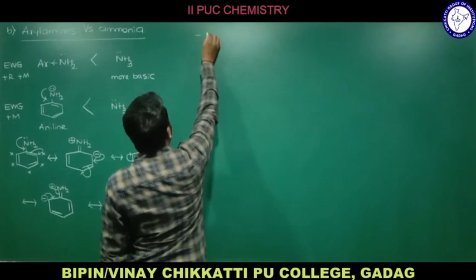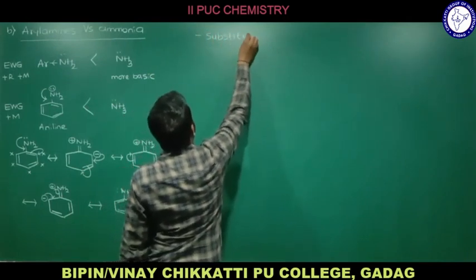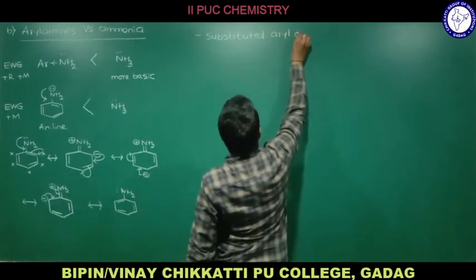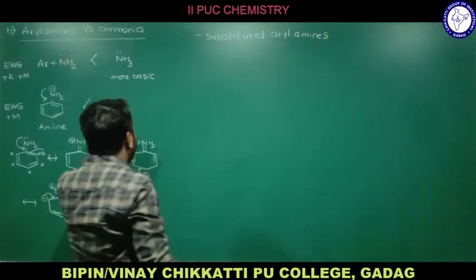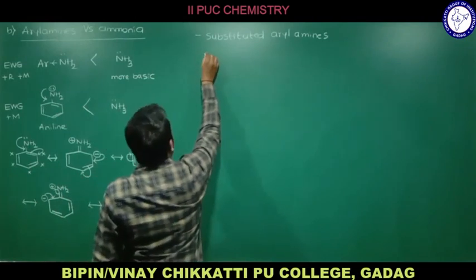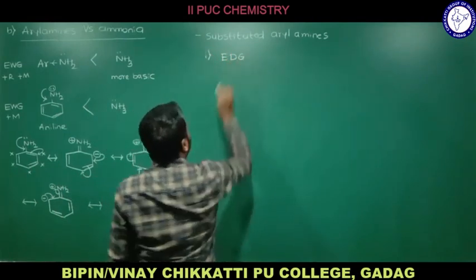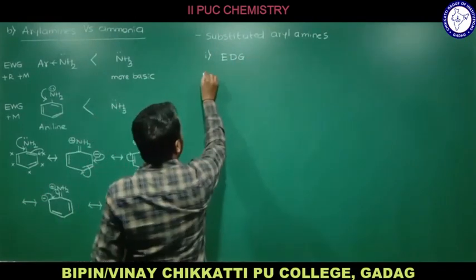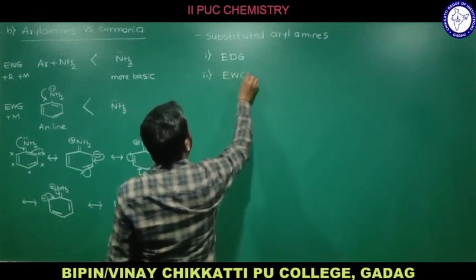What happens if you consider substituted arylamines? We have NH2, and when any one substituent is present, let us assume I have an electron donating group. What happens to the basicity of substituted arylamines? And what happens if I consider an electron withdrawing group?